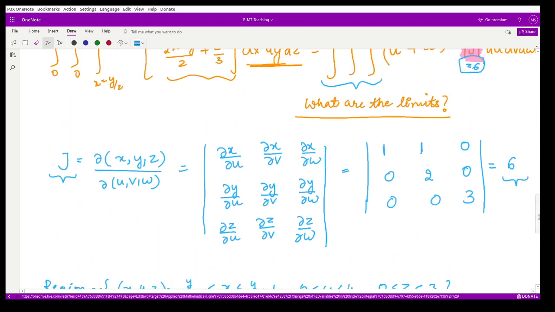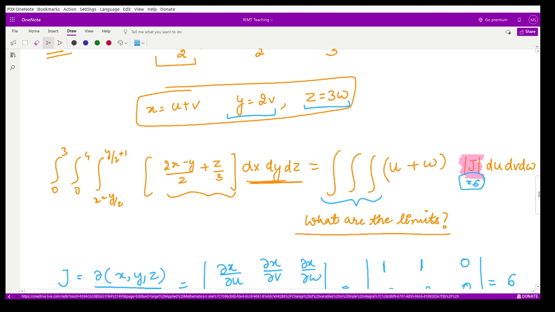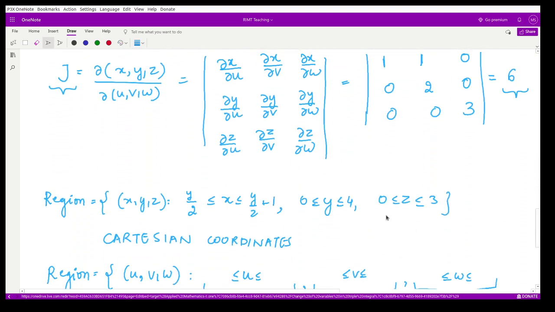The value of z was equal to 3w, so you can write 3w here. So the limits of w lie between 0 and 1.